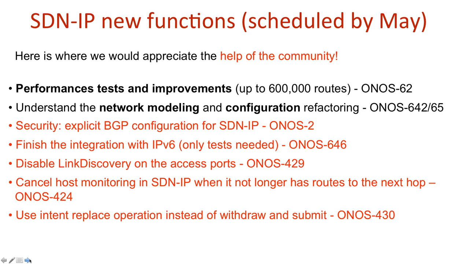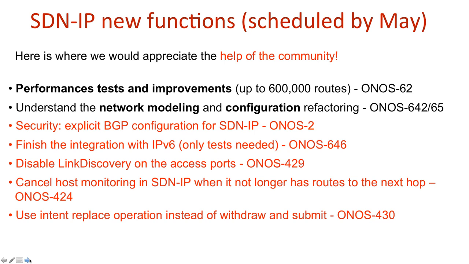As I told you, we want for sure to improve the performance of SDN-IP. If we consider the internet today, more or less the BGP tables are around 600,000 routes, and this is the number we would like to match, even looking forward to the next deployments, right? That hopefully would be even bigger.